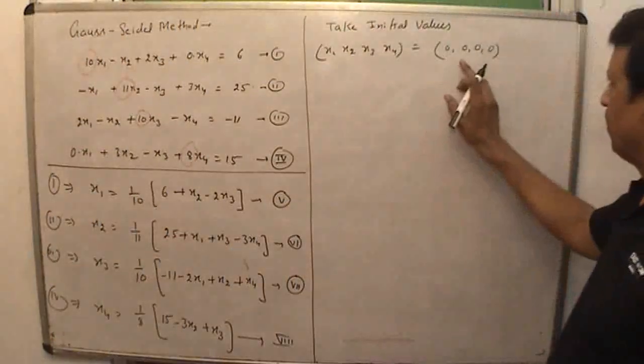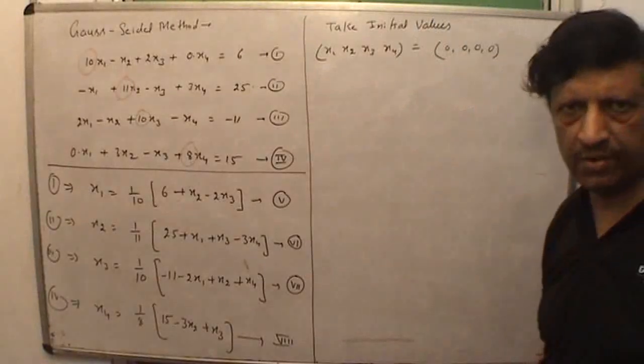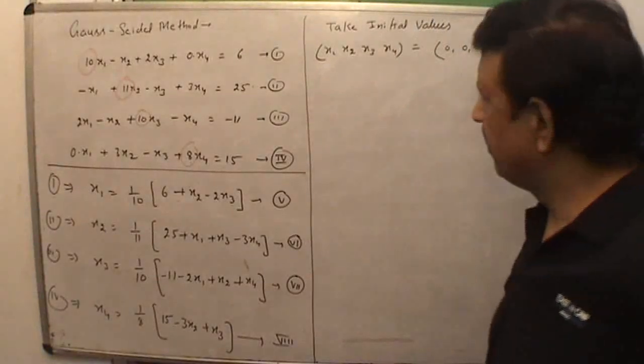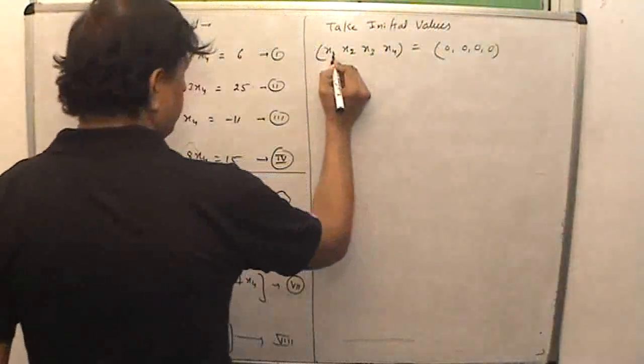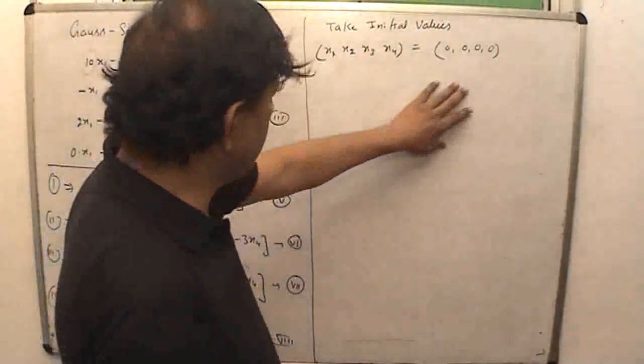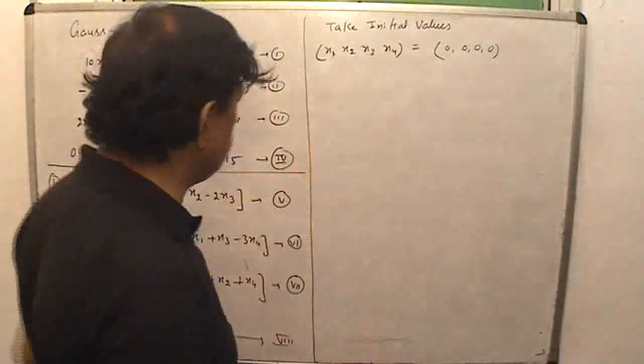Say it is 1, 2, 3, 4, we shall start with 1, 2, 3, 4 or whatever is given in the problem. If it is not given, then we always consider the starting values 0, 0, 0.